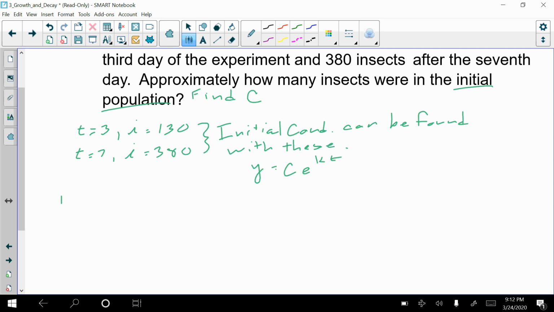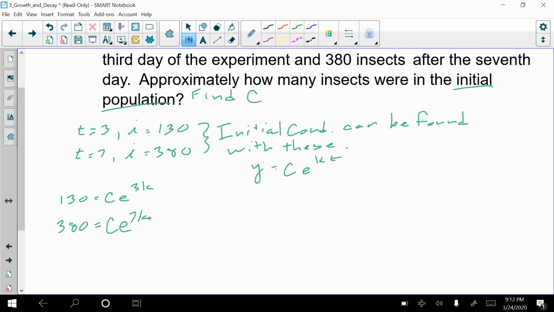So I have 130 insects is equal to c times e to the, and we don't know what k is right now, so we'll just say time is 3, so 3k. And we also know that we're going to have 380 insects when we have c times e to the 7k power. So how are we going to use this?